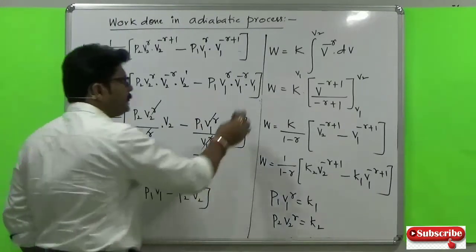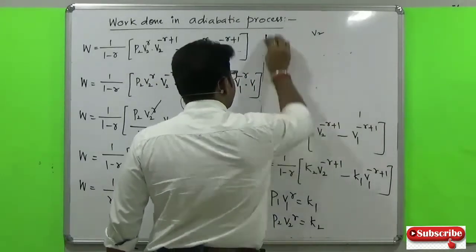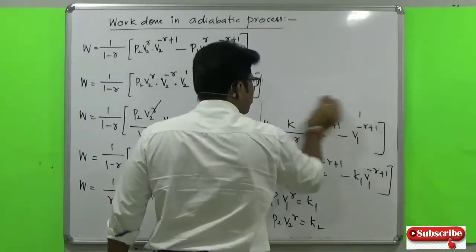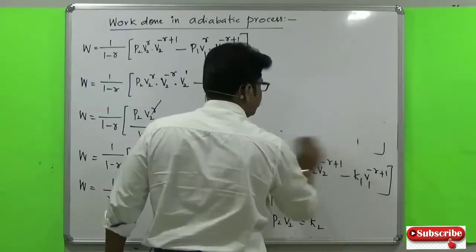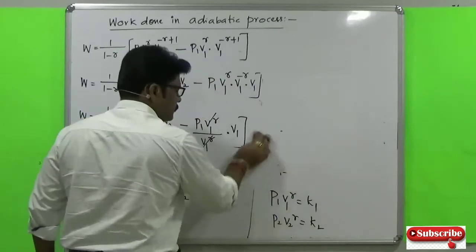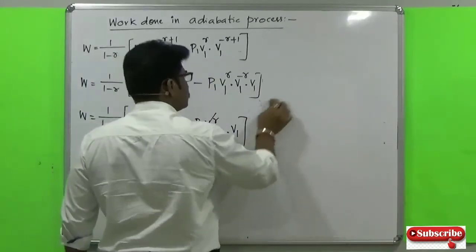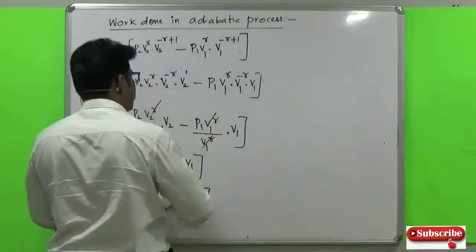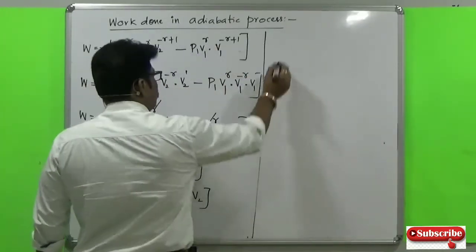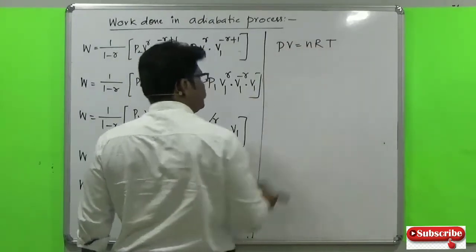But we know that PV is equals to nRT है, PV equal to nRT, PV equals to nR into T.